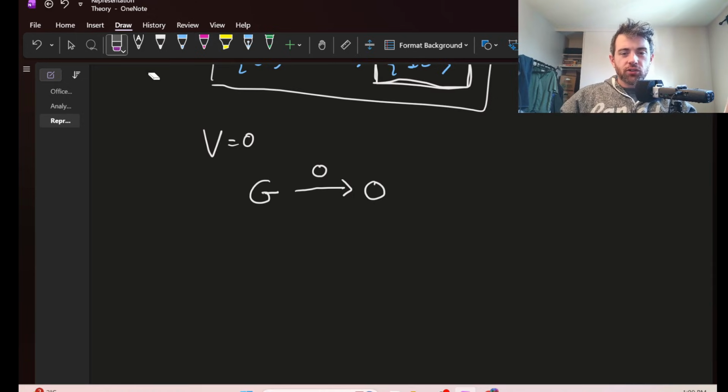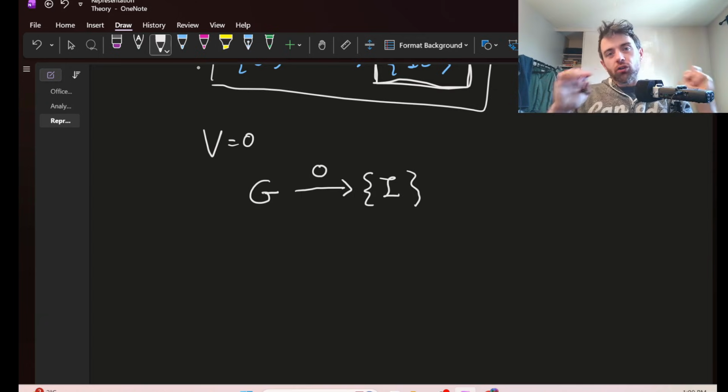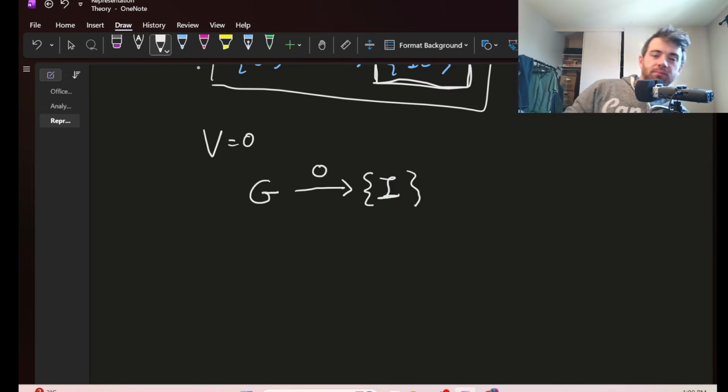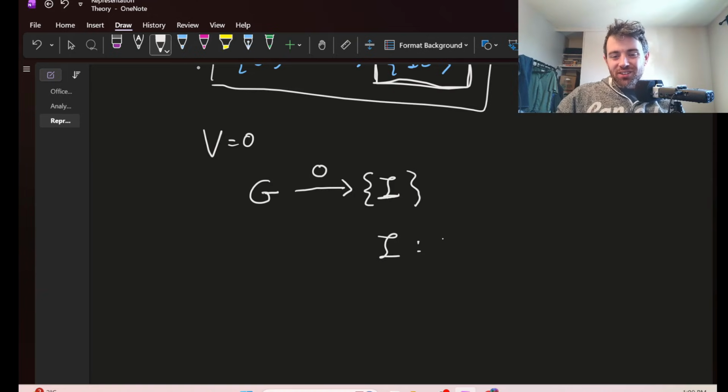But in this case, we're just imagining at this point that our model for the trivial group is the group with the identity as its only element, the identity of the zero-dimensional vector space, the one linear transformation on the zero-dimensional vector space.